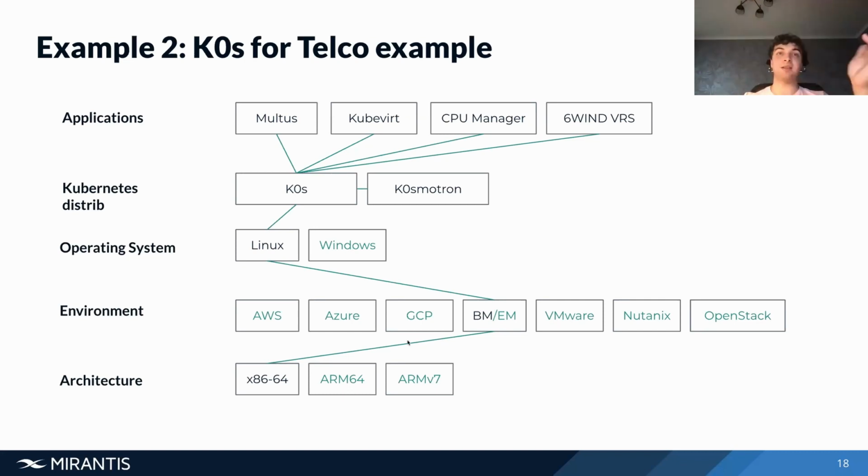Or you can pick any combination that we have here on the slides, and k0s will work. And also a lot of different applications that are really needed for telco will work on top of k0s, such as Multus and KubeVirt. I will show you in the demo section how it really works on k0s.